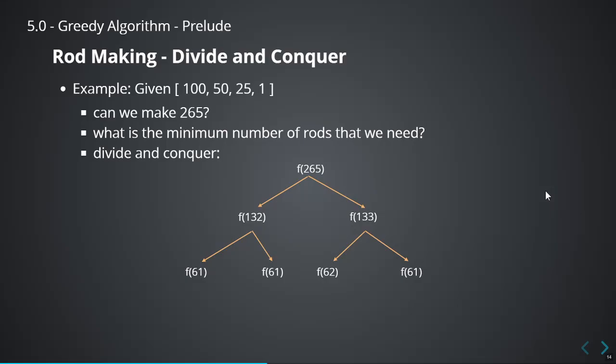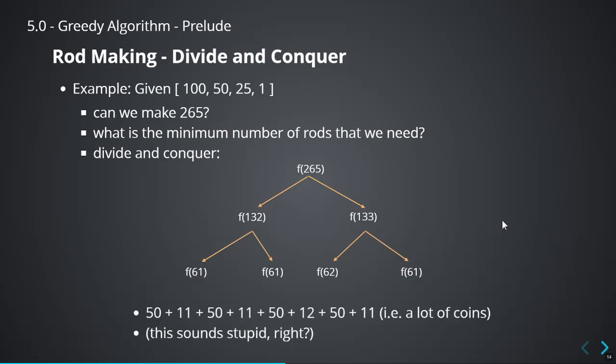And if I want to make a rod of length 132, I'm going to make 2 rods of length 66. Is that the right way to do it? Well, the answer is going to be 50 plus 50 plus 50 plus 50, because when you have 61, you're going to need a rod of length 50 and 11 rods of length 1. 50 plus 11, 50 plus 11, 50 plus 12. That's a lot of rods.